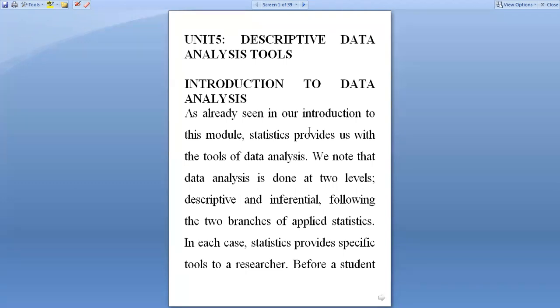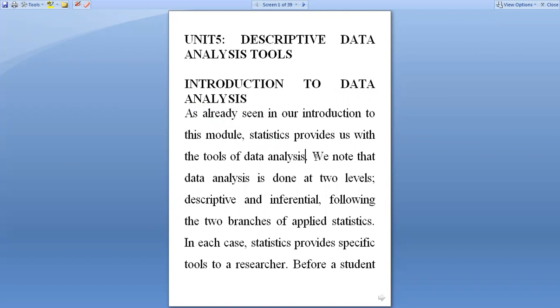I said, what is descriptive data analysis? We all know what it is. But as I started, you see in this sentence, I said, as we have already seen in our introduction to this module, statistics provides us with the tools of data analysis.